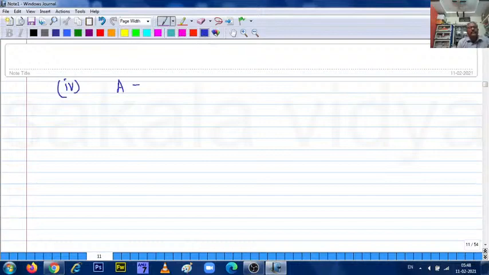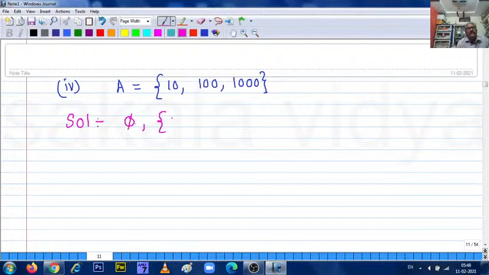Set A equals {10, 100, 1000}. Write the possible subsets. What are the possible subsets here? First subset is phi, the null set, you need to write. Next, one-element subsets: {10}, {100}, {1000}.